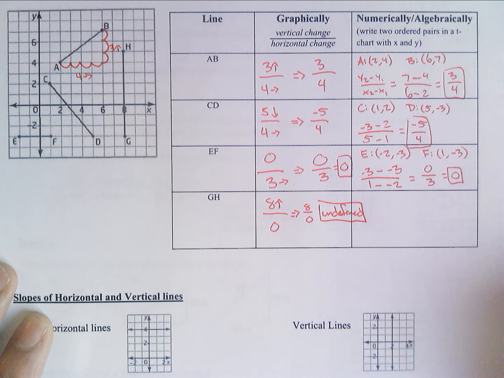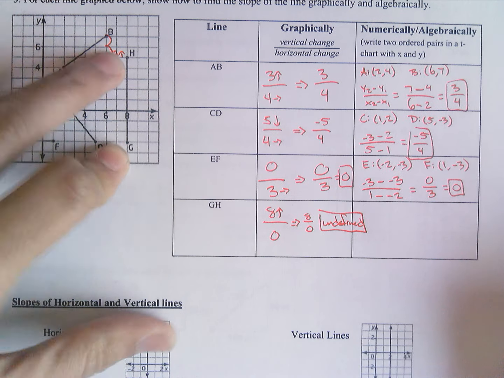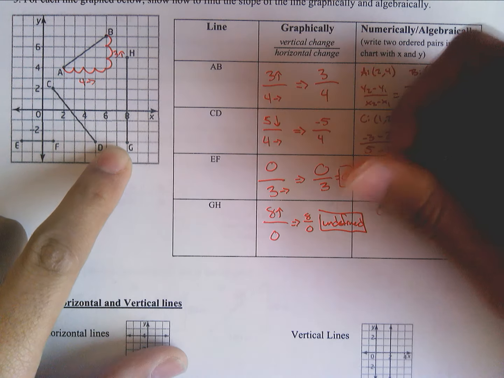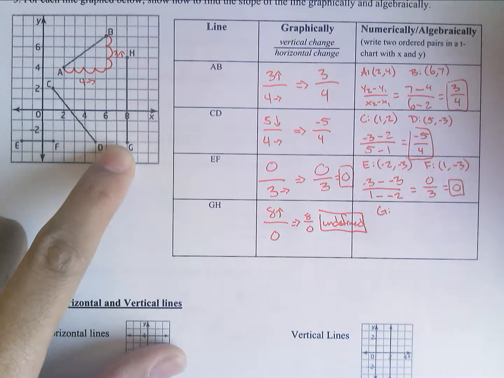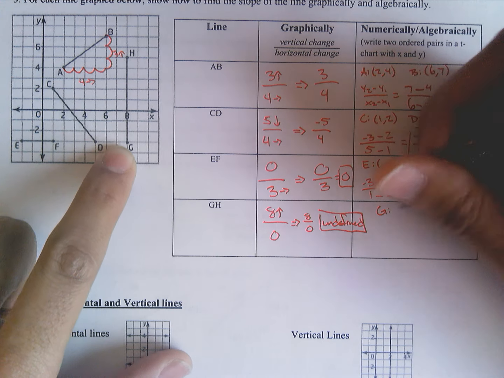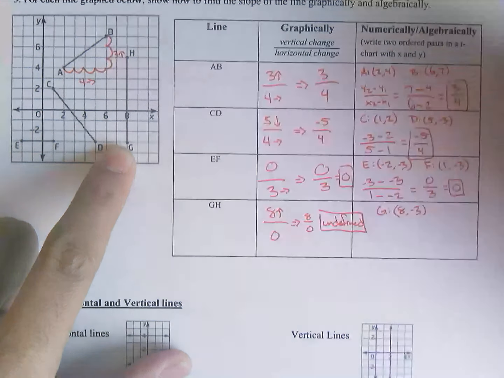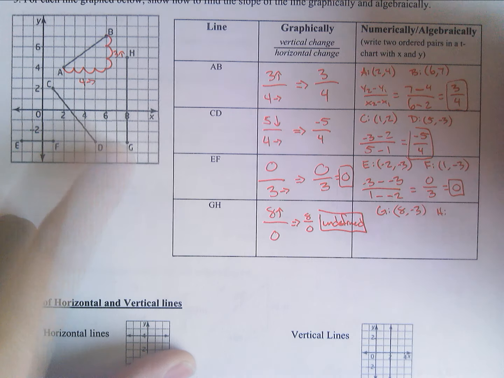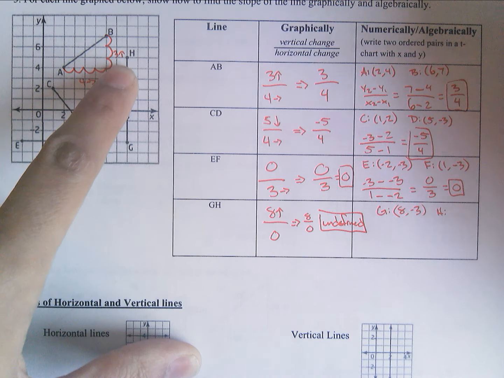And we can show this numerically by finding the 2 points that G and H are at and using our formula. So G is at the point 8, negative 3. And H is at the point 8, 5.